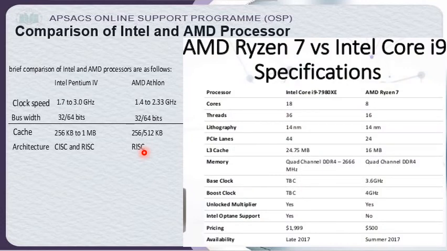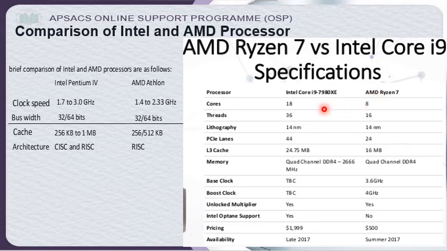Here, this is the latest comparison between AMD Ryzen and Intel Core i9 specifications. If you see here, how many cores are in the Intel i9 processor, 7th generation? That is 18 cores, but AMD Ryzen 7 has 8 cores.